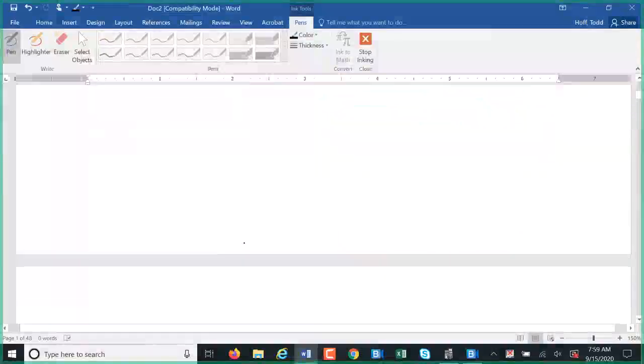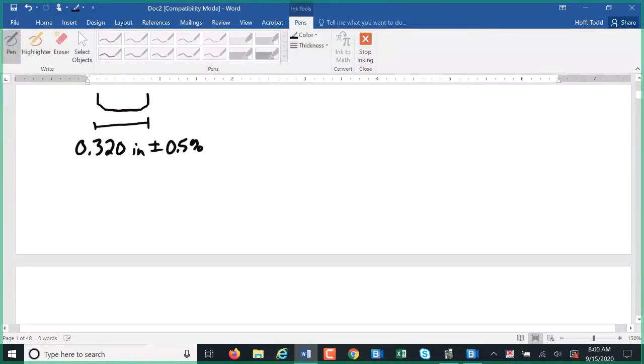Although we can have something like this, where this might be labeled 0.320 inches plus or minus 0.5%. This, of course, is a relative allowance, because the size of the actual allowance depends on the size of the desired value.